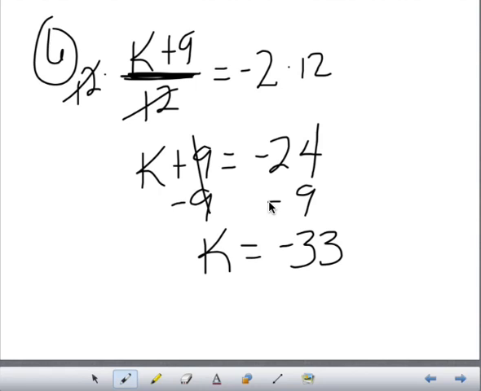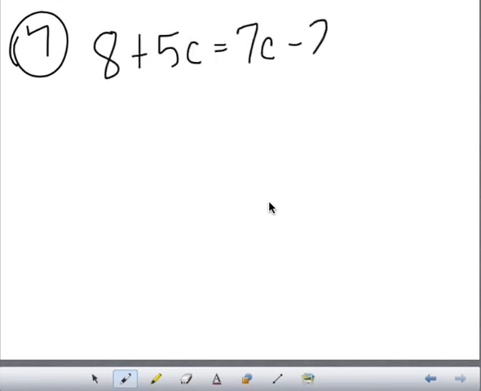Okay? Moving on, number 7. 8 plus 5c equals 7c minus 2. Now on this one, I've got to get the c by itself. That's my goal. We talked about that at the very beginning, but look, I've got a c on both sides. So let's start by getting our c's together. So I'm going to maybe subtract 5c.